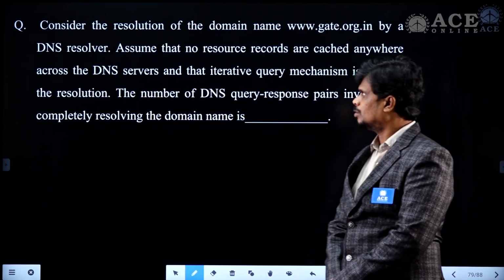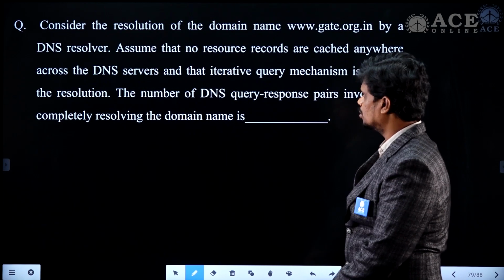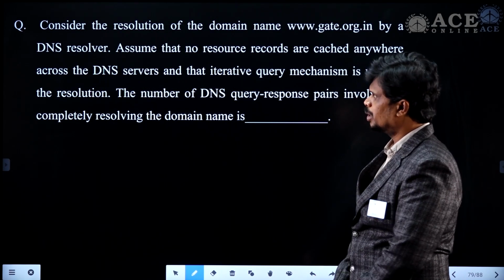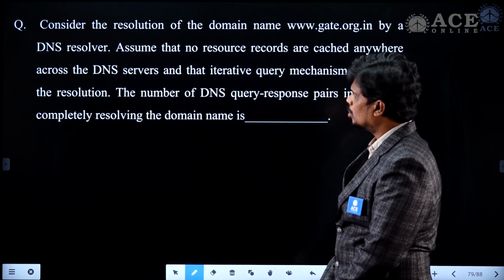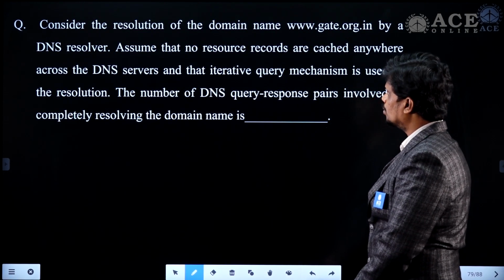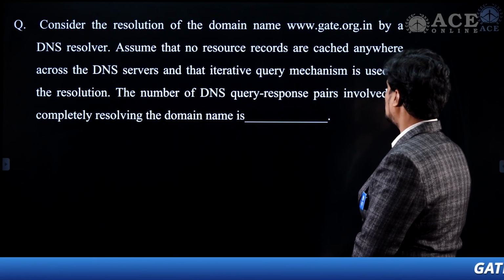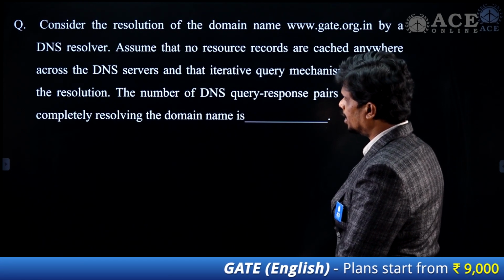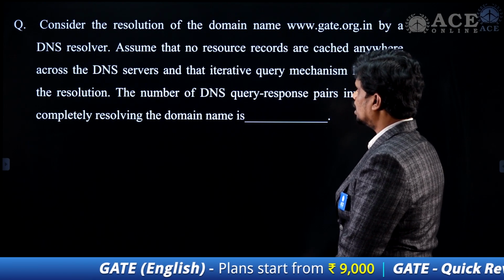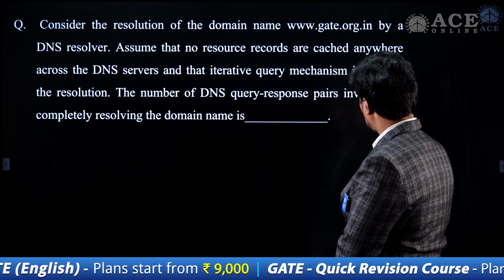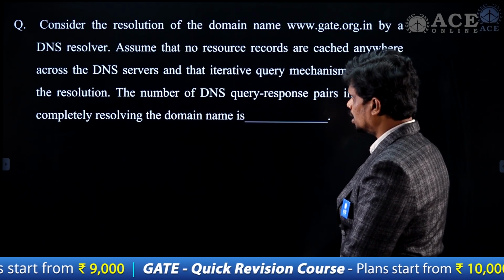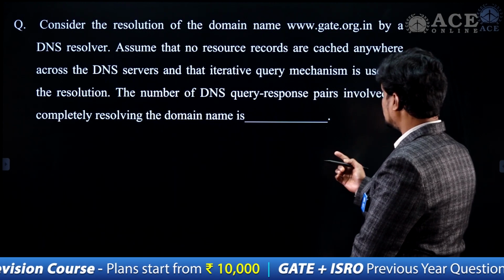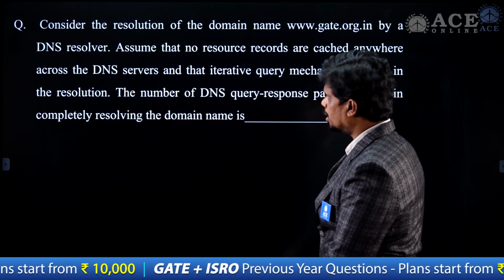Now we have this next question from Computer Networks in the GATE 2022 examination, which is based on DNS. Look at the question statement. Consider the resolution of the domain name www.gate.org.in by a DNS resolver. Assume that no resource records are cached anywhere across the DNS servers, and that the iterative query mechanism is used in the resolution.